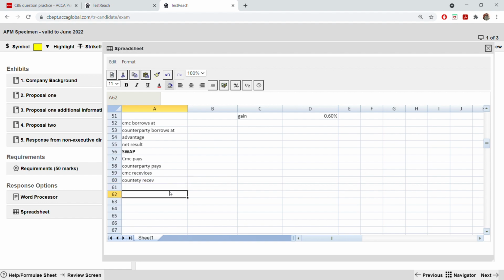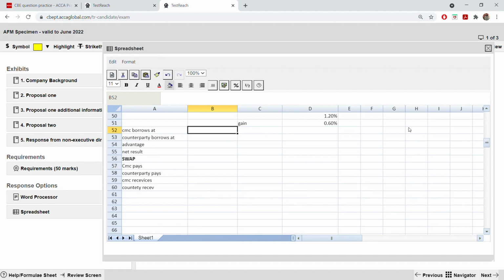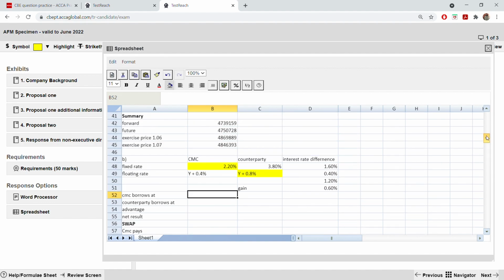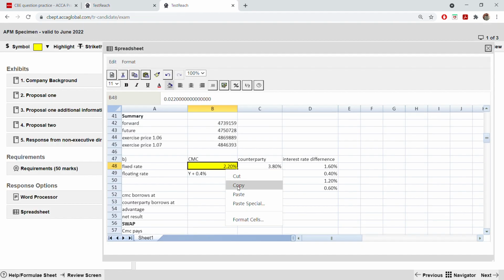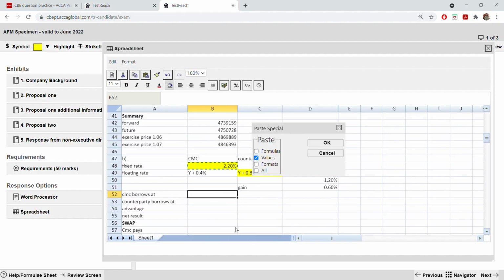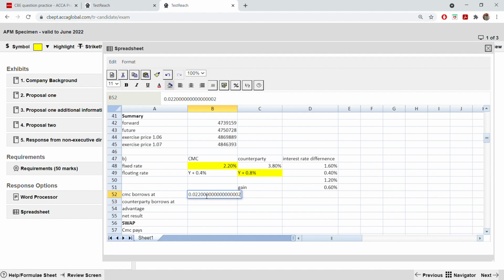Okay. Now, so they borrow at with swap at 2.2%. This one. So copy, paste special, just a value. When you're taking the value, it comes like this. So you need to format again. So rather than doing it, you can just type it 2.2%. Okay.